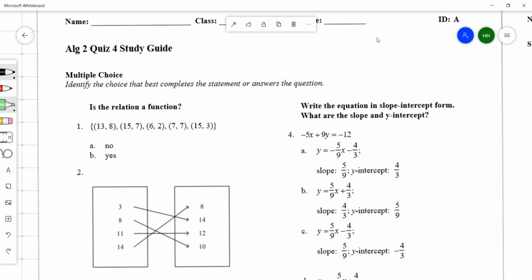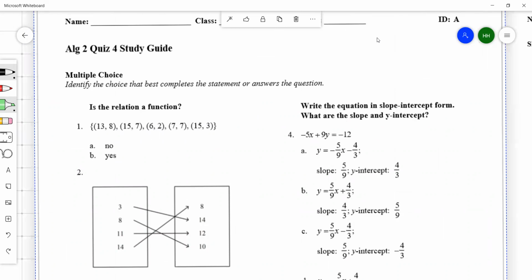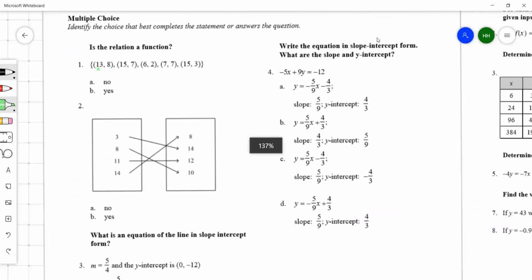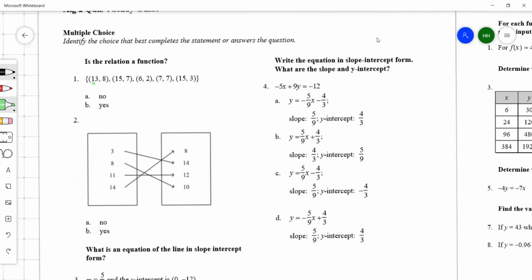Look, when you're asked this question, just look at your x's. You got a 13 that spits out an 8. You got a 15 that spits out a 7, a 6 and a 2, a 7 and a 7.